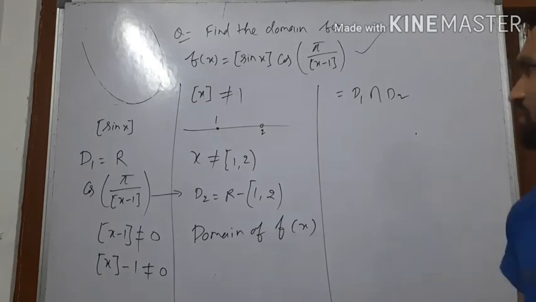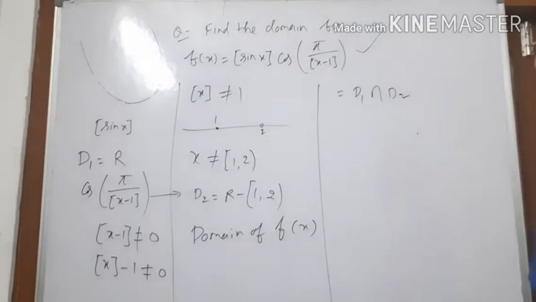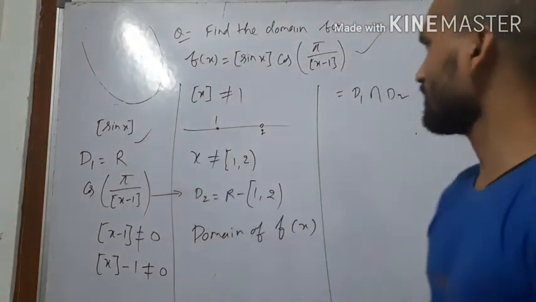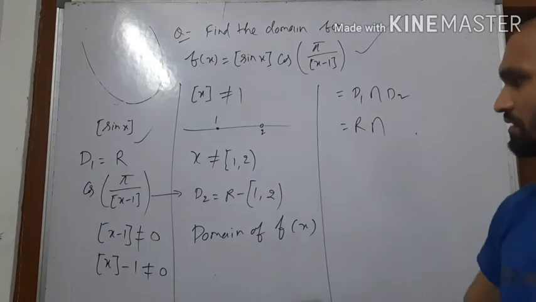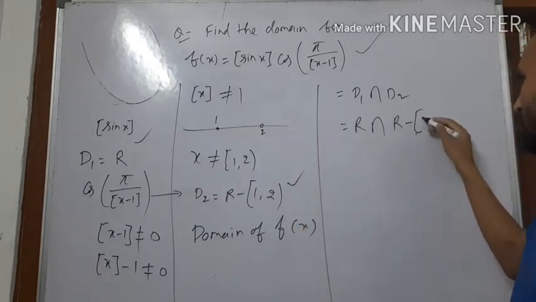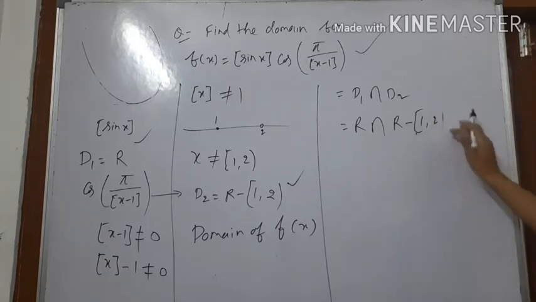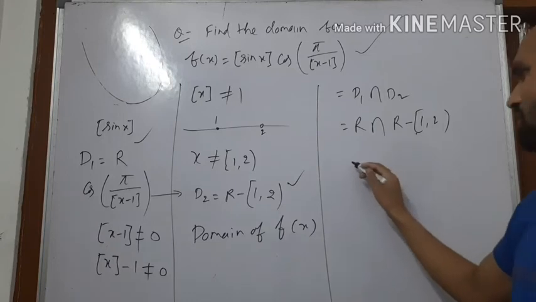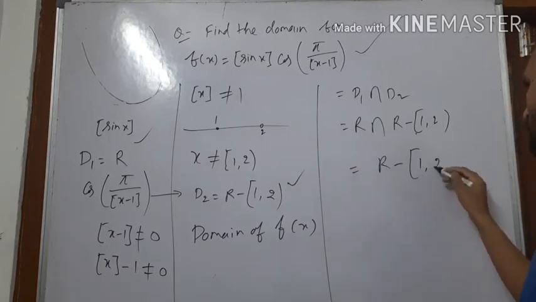We know that the domain of two multiplied functions is always their intersection. So D1 is R, so it is R intersection R minus [1, 2). The result is R minus [1, 2).